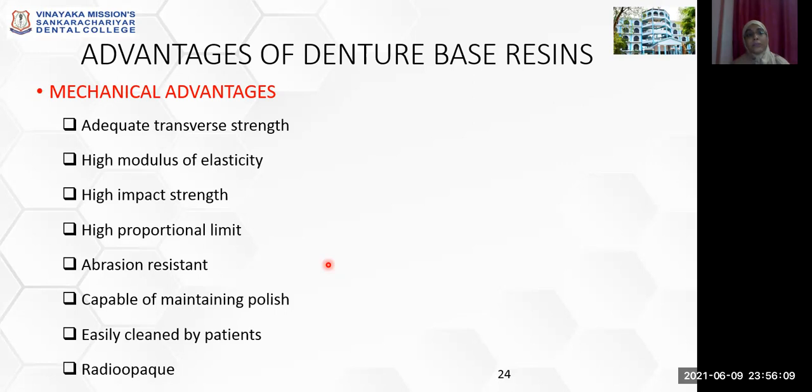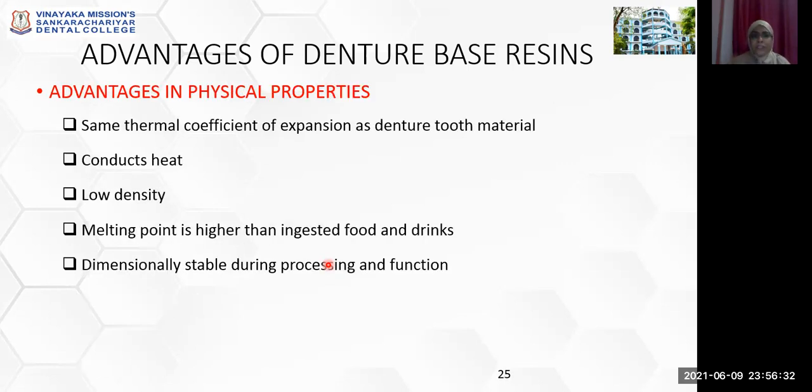Mechanically, their transverse strength was good, the impact strength was good, modulus of elasticity was high, proportional limit was high, the abrasion resistance was good, and the material was able to maintain the polish for a long time. Patients were able to maintain it in a clean and hygienic manner, and it was radiopaque. Physically, the thermal coefficient of expansion of this denture base material was equal to that of the tooth material.